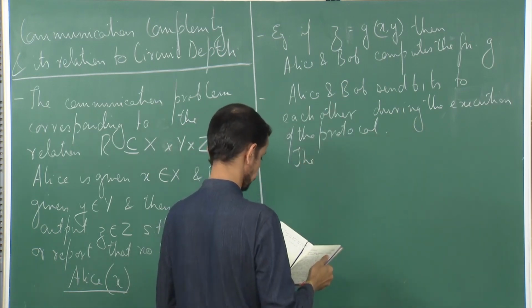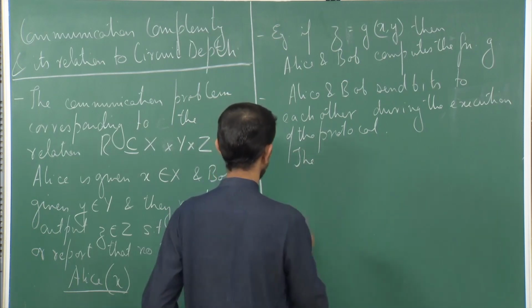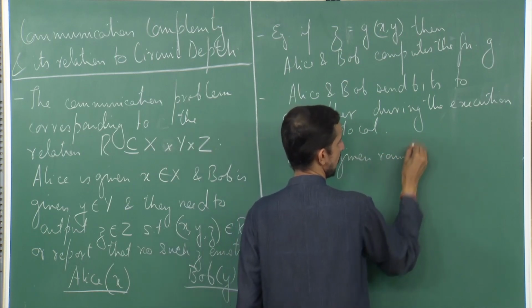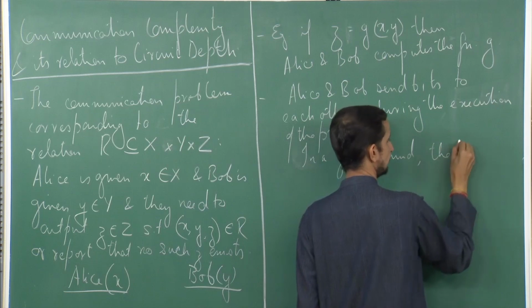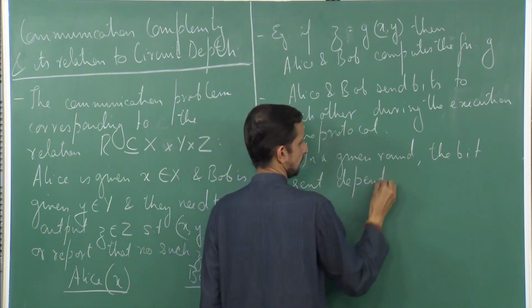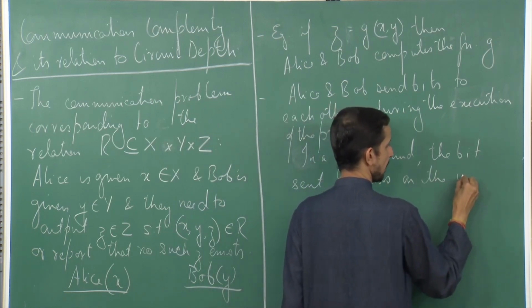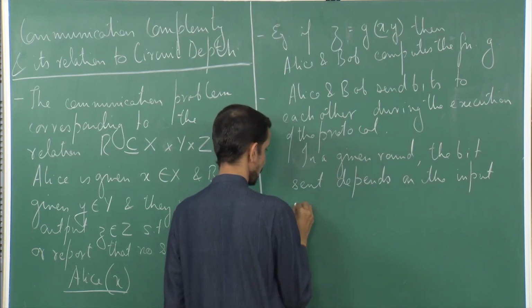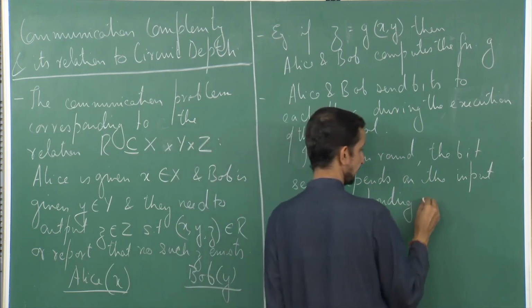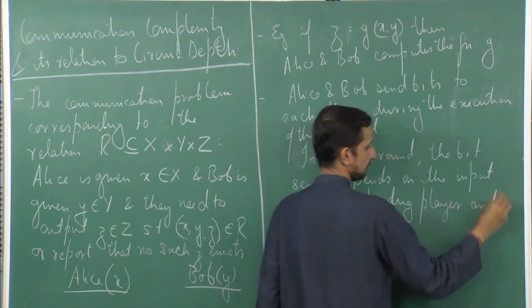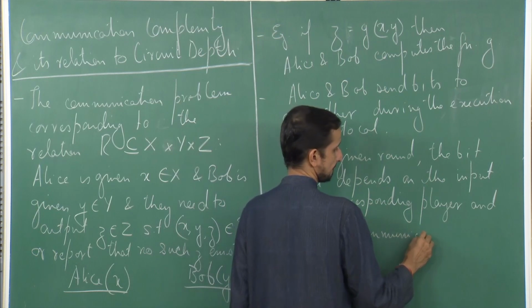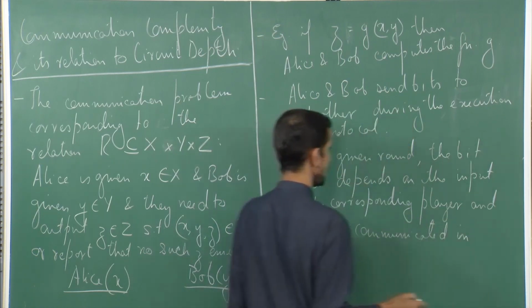To be more precise, in a given round, the bit sent depends on the input of the corresponding player and the bits communicated in earlier rounds.